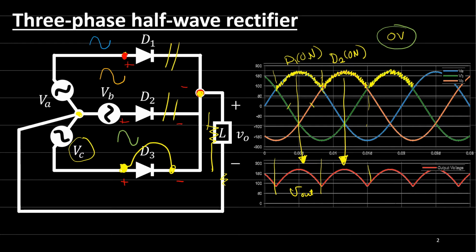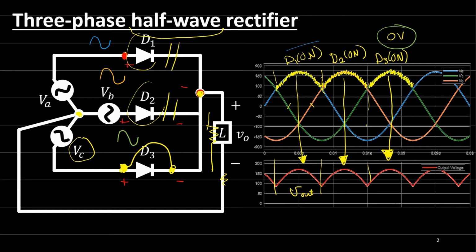And here, this portion from VC will go to the output. So this is diode 3 is on. Don't forget that this is a half wave rectifier. So diode 1, diode 2, and diode 3 conduct only on the positive half cycle of the input.